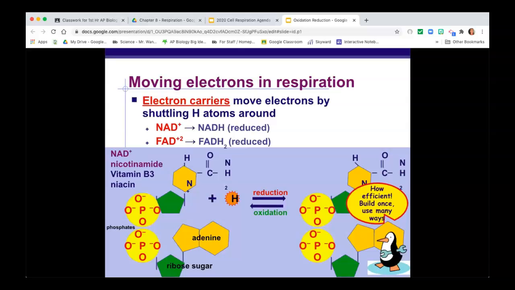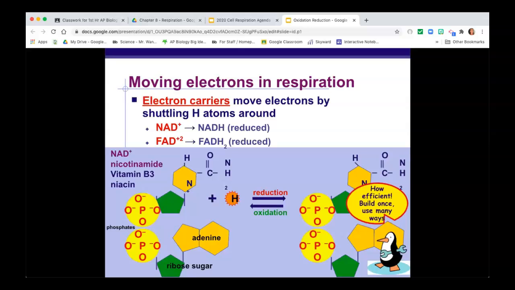Last chapter, we talked about NADPH. This time we're going to talk about NAD. So be careful to keep the P with photosynthesis, right? P for photosynthesis. Photosynthesis starts with P. NADH gets commonly confused with NADPH. NAD, nicotinamide adenine dinucleotide, is going to be reduced to NADH. It's going to shuttle electrons between reactions.